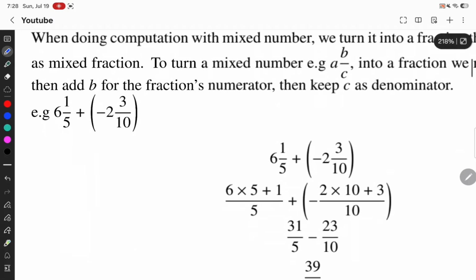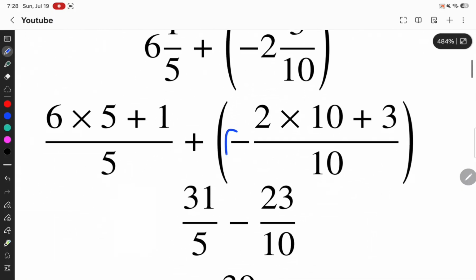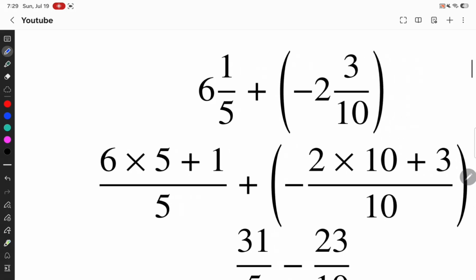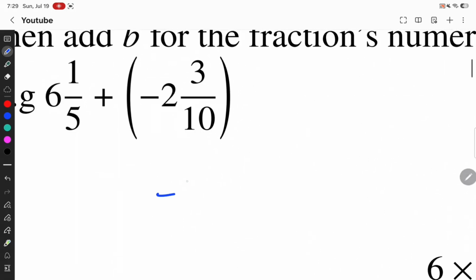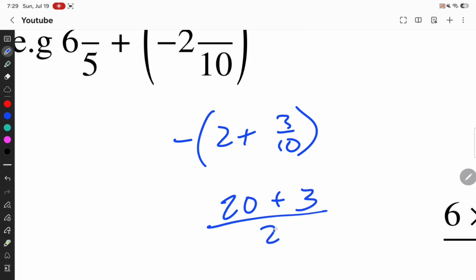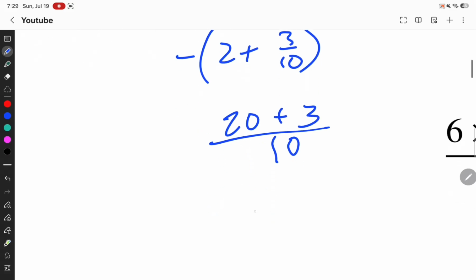This is why I take the negative to be outside when I'm converting in the step. It does not count as an count. You can think of it as negative 2 plus 3 over 10. Now you will see you can make the denominators equal, and we can see this.